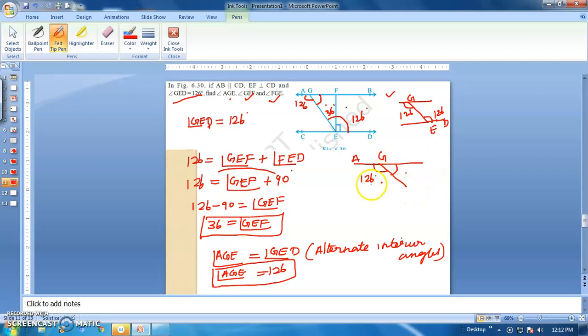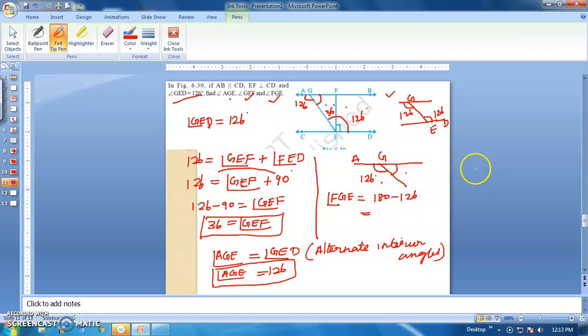Out of the linear pair, one angle is 126. Then how can you find the other one? By subtracting from 180 degrees. So angle FGE equal to 180 minus 126.